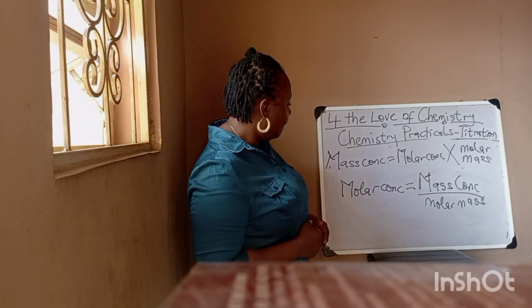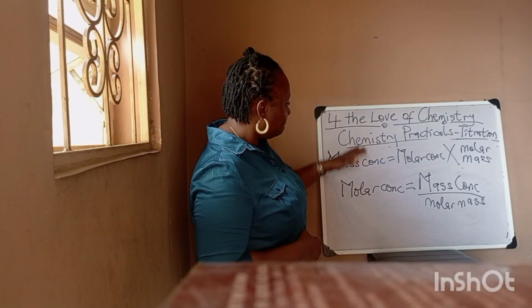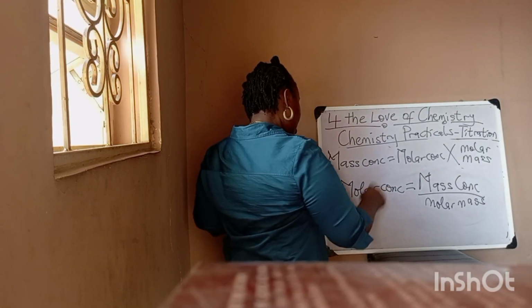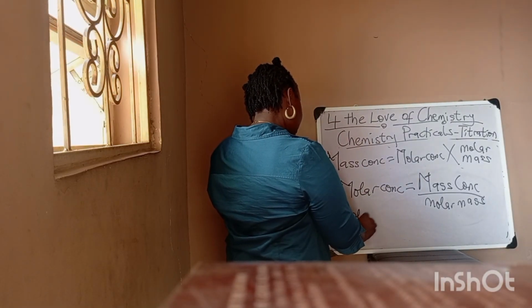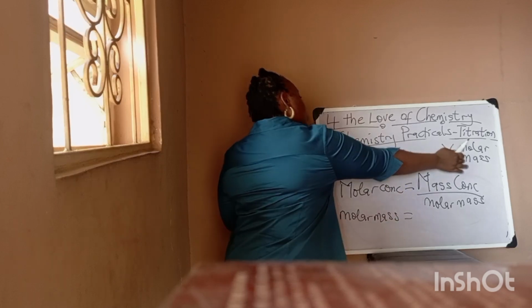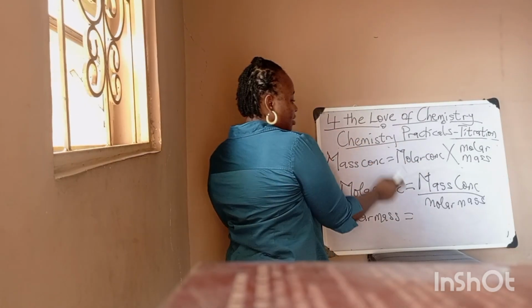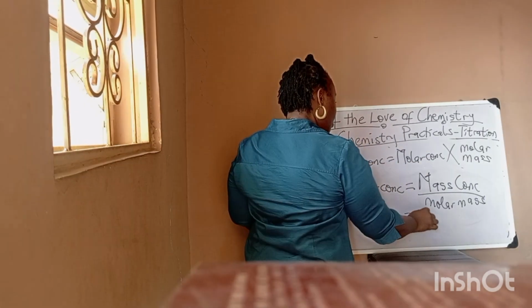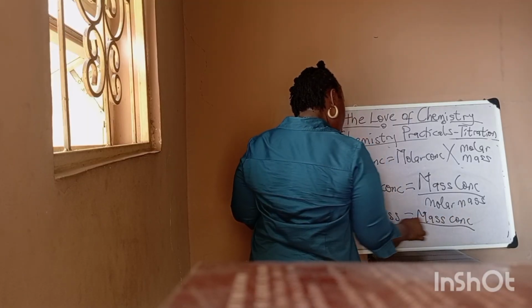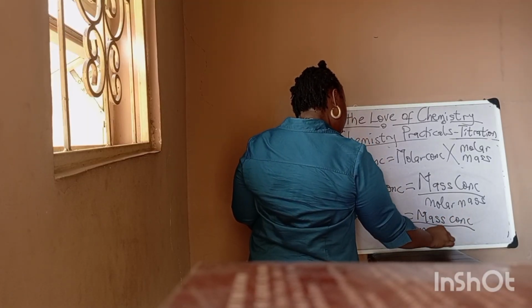Then if you want to find the molar mass, it's still the same thing. Molar mass equals mass conc over molar conc.